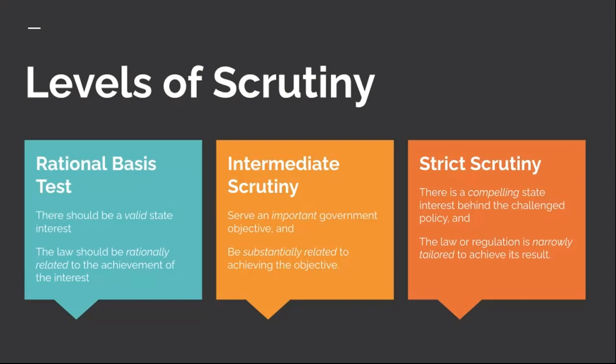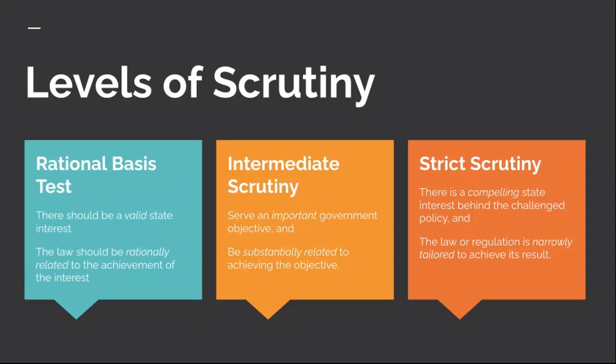But for strict scrutiny, because this is a fundamental right we're talking about, we presume that it's unconstitutional. We presume that it's invalid because we're talking about human rights. You can only limit human rights if there are very special considerations or circumstances that might warrant it. Specifically, the government is the one that needs to prove two things.